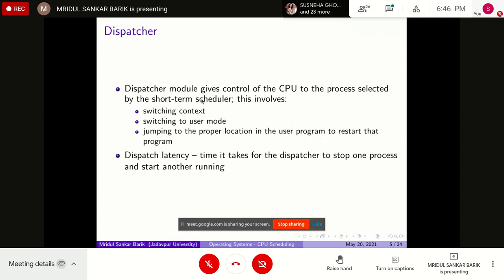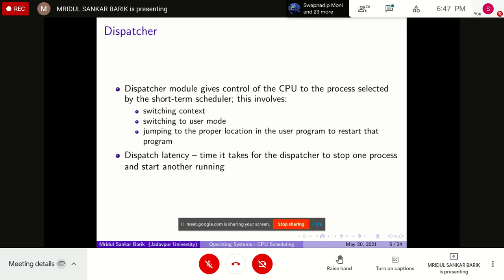Dispatcher module. Now, what is the dispatcher? The dispatcher is the module which gives control of the CPU to the process selected by the short-term scheduler. The short-term scheduler only selects the next process to be given the CPU.